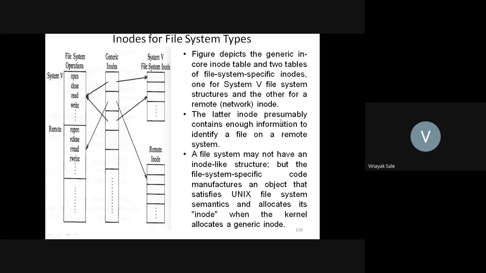The latter inode presumably contains enough information to identify the file to the remote file system. A file system may not have an inode-like structure, but the file system specific code manufactures an object that satisfies Unix file system semantics and allocates its inode when the kernel allocates a generic inode.